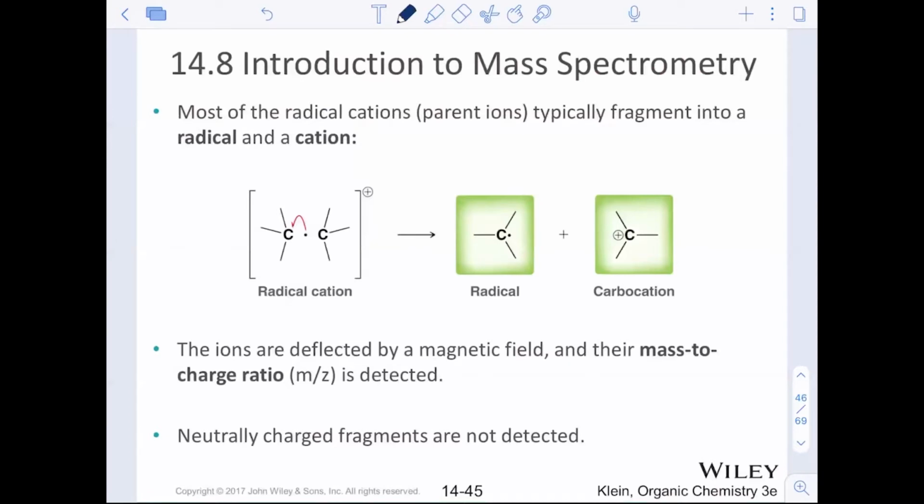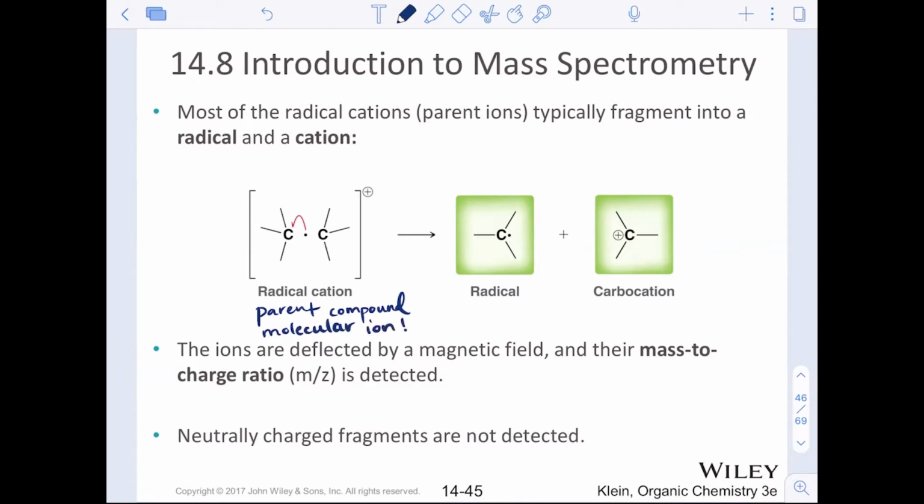The radical cation that is formed can then fragment and start to decompose. The mass of the radical cation is known as the parent compound, right? It's still the parent compound, even though we've lost one electron, it's still the same thing. It's also called the molecular ion.